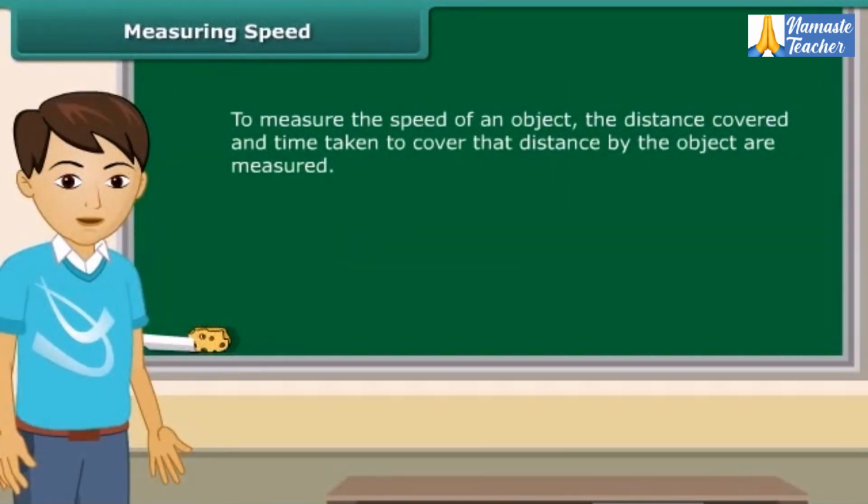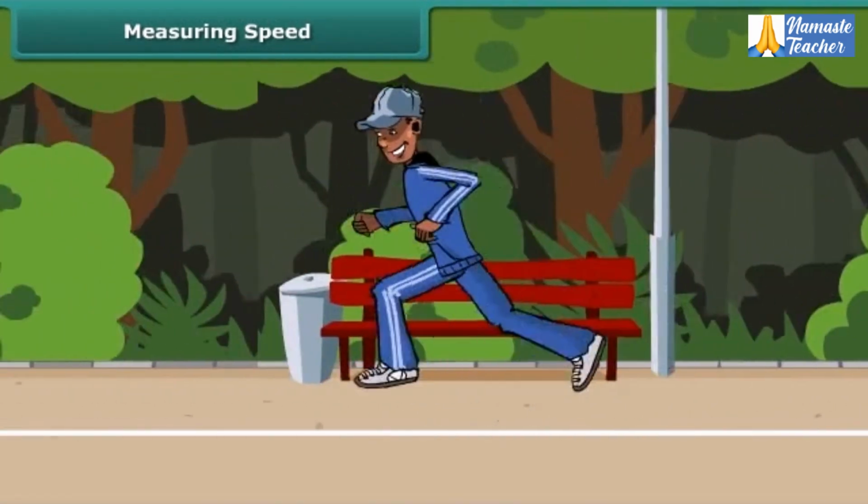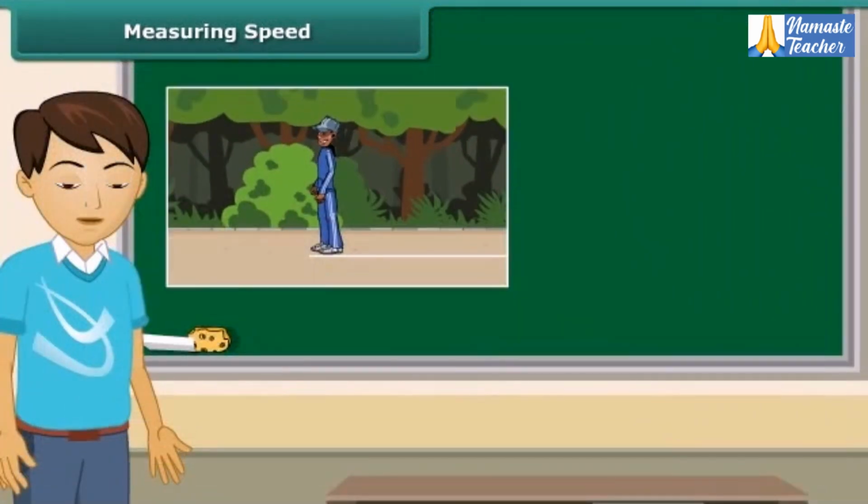To measure the speed of an object, we measure the distance covered and time taken to cover that distance by the object. After that, we apply the formula of speed. Let us learn to measure speed with this simple exercise. Draw a line. Ask a friend of yours to stand on the line.